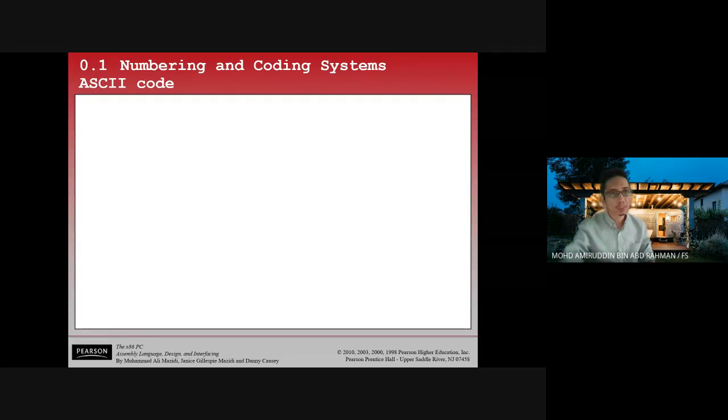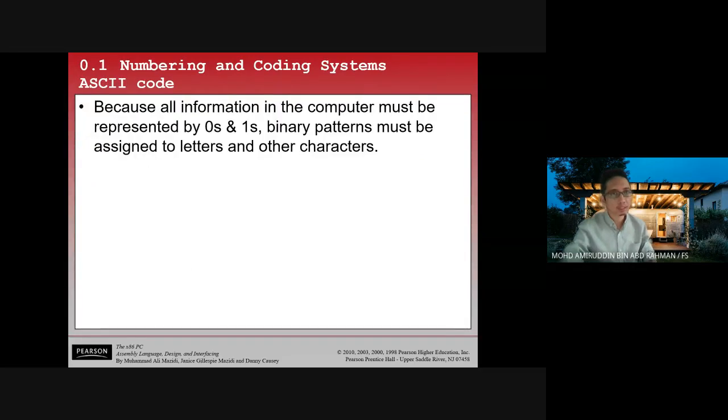Let's continue with the numbering and coding system for ASCII code. Because all information in the computer must be represented by 0 and 1, binary patterns must be assigned to letters and other characters.